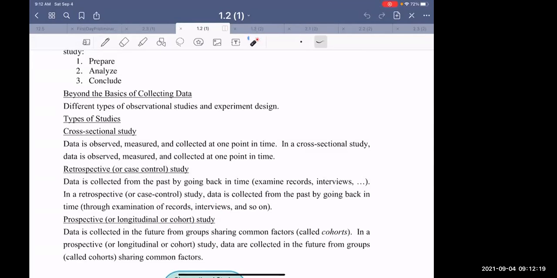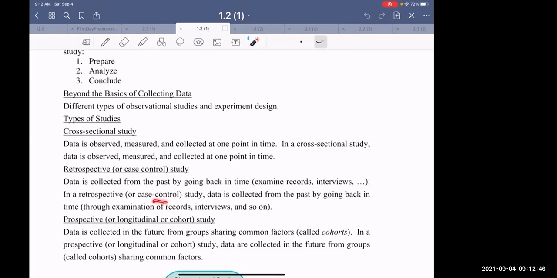So in a case control study, we divide our population into two groups, cases and controls, and then we pick a sample from each of those. So our cases are people with a particular, let's say, disease.